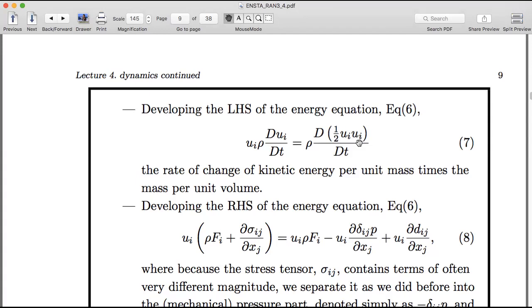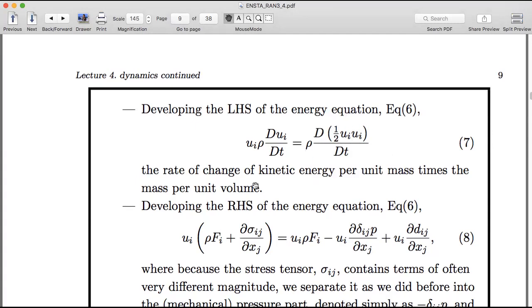It is the kinetic energy per unit mass. And we're taking the time derivative. So this is the time rate of change of the kinetic energy per unit mass times rho, the mass per unit volume.